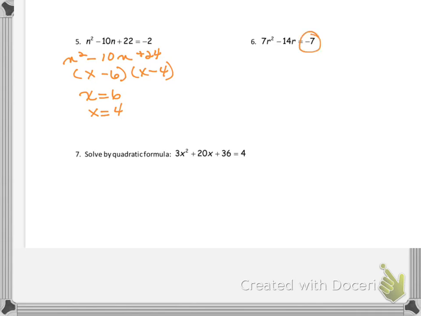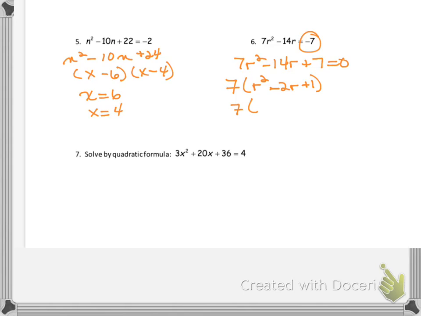Again, we want to have everything on one side. So we have 7r squared minus 14r plus 7 equals 0. Now don't neglect greatest common factor factoring. Factor out that 7, and you're going to get r squared minus 2r plus 1, and 7 stays on the outside.